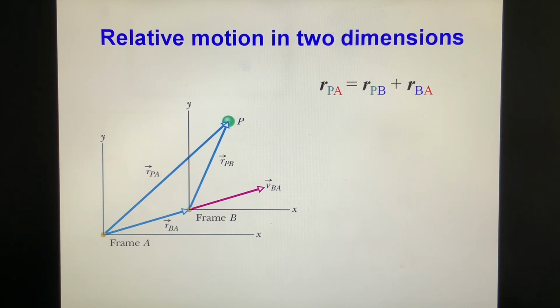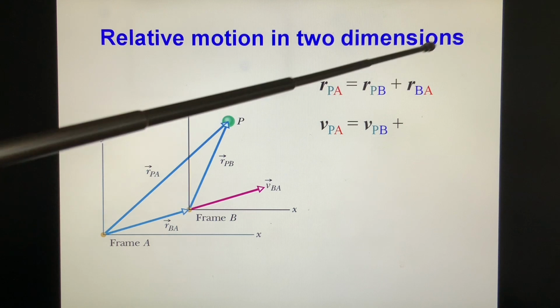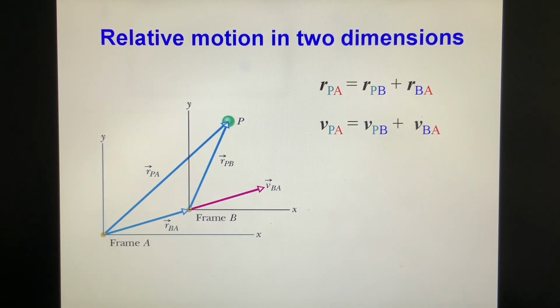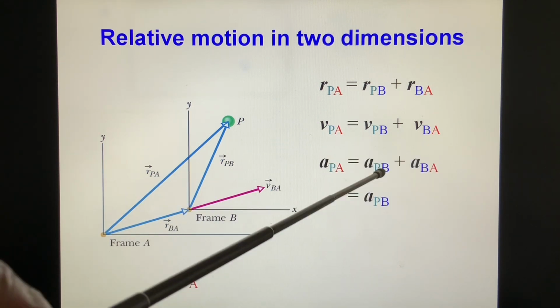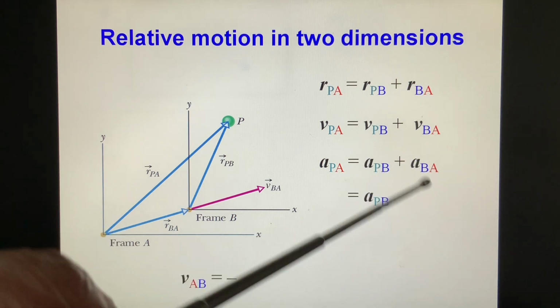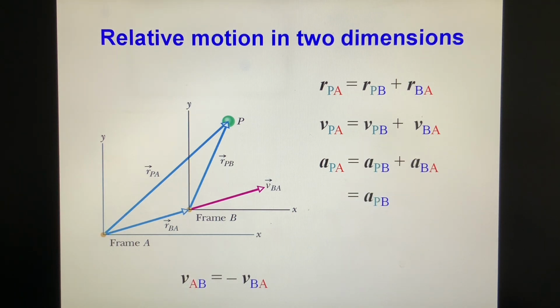And we take the derivative with respect to time t on both sides. We get VPA equal to VPB plus VBA. And we take the derivative again, we get APA equal to APB, because ABA is 0, because they are inertial frames. They don't have relative acceleration. So we get this one. Also, we have VBA equal to minus VAB, and ABA is 0.